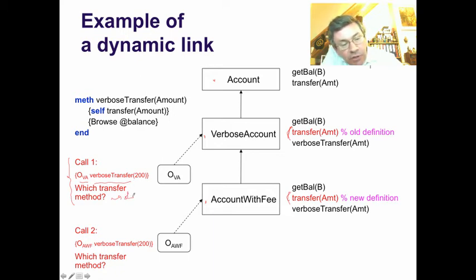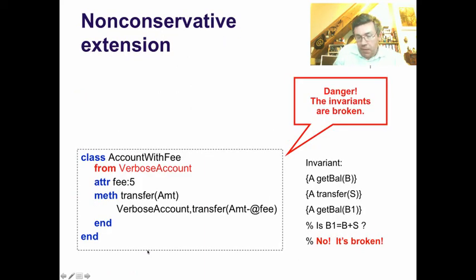So it's the old definition, and we will transfer 200. Now, in the second call here, which transfer method will we call? Well, here we have an account with fee object, so we will transfer using the new definition of transfer. It's always the transfer in the object itself, the most recent one in the complete data abstraction.